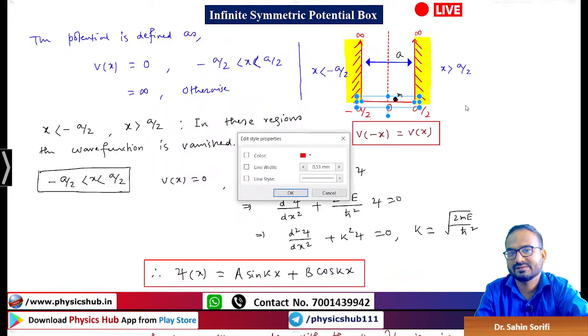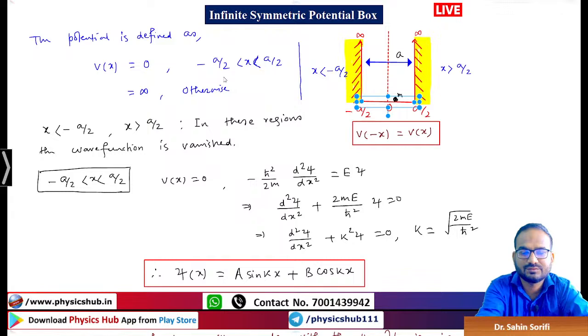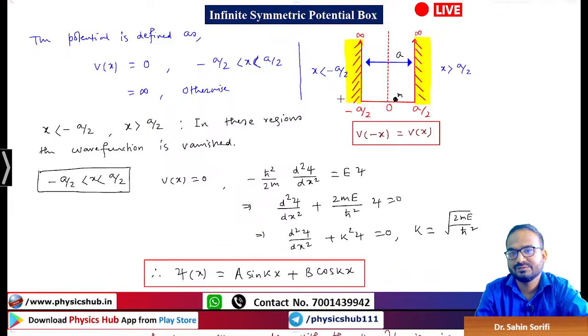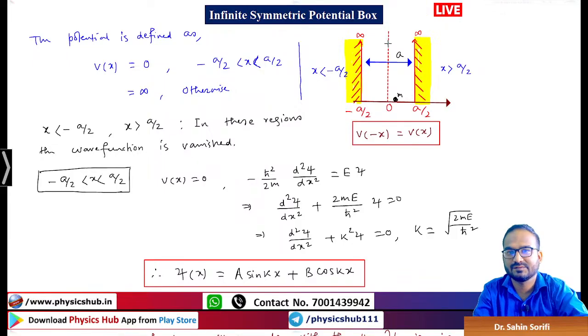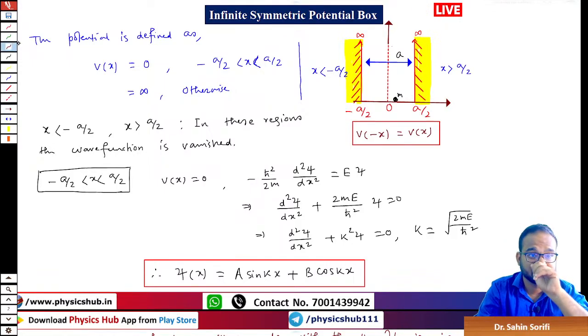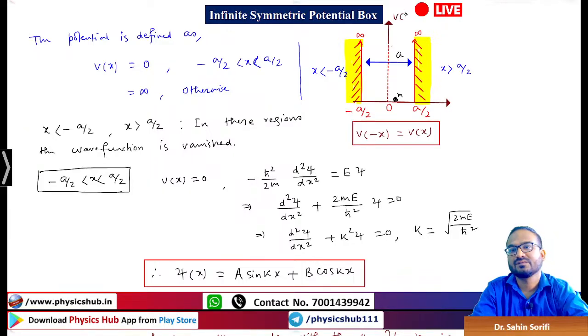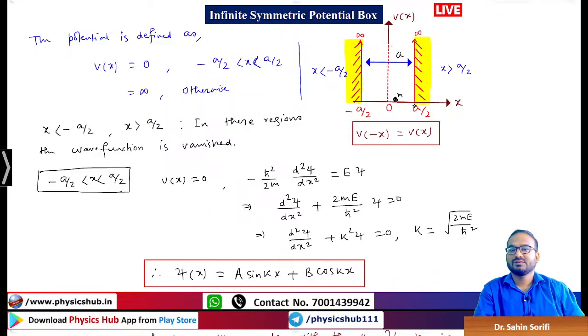So this is your x axis actually. If I want to draw it, this is your x axis, and this is your y axis. Here we are plotting V of x versus x. So the boundary is x equal to minus a by 2 and plus a by 2. So the wave function must vanish there.